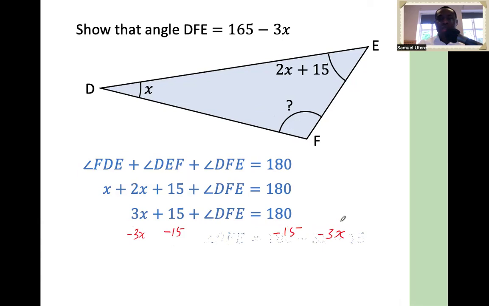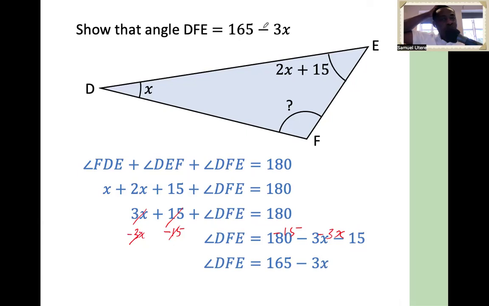Because we're subtracting from both sides to eliminate these, we're now left with this, so our proof is correct. We have been able to show that angle DFE is 165 minus 3x, because 180 minus 15 is 165, and then minus 3x.